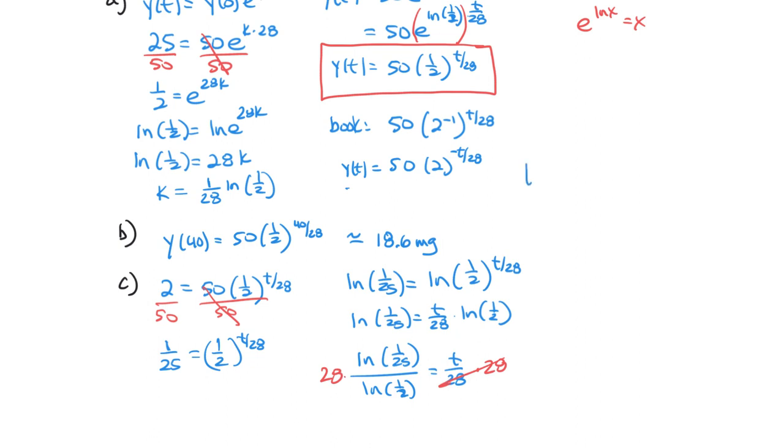And that would give me t equals natural log of 1 over 25 divided by natural log of 1 over 2 times 28. And if you punch it in your calculator, you should get something like right around 130 days. So in about 130 days, these 50 milligrams will decay to about 2 milligrams.